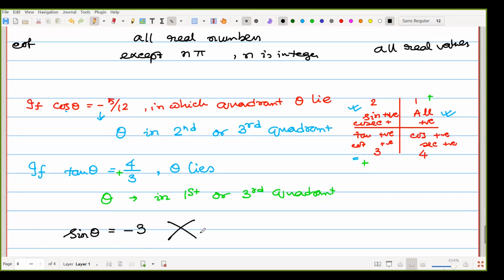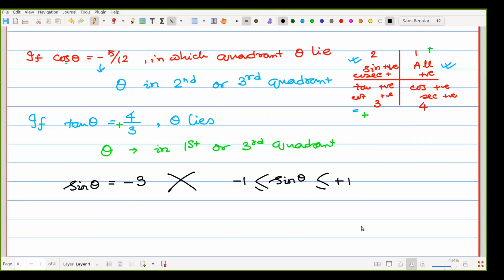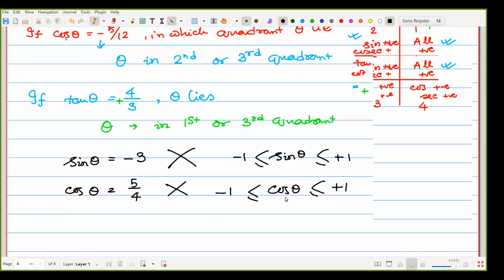That is an impossible case because sine theta is always in between -1 and +1. Suppose some value has been given, cos theta is equal to 5/4. That is also not possible because in that case the cos is greater than 1. And always we have cos theta lying between -1 and +1.